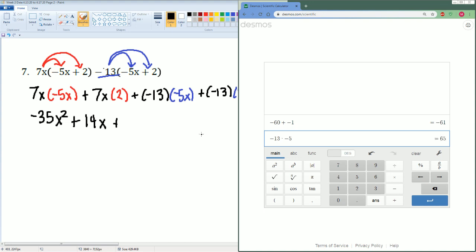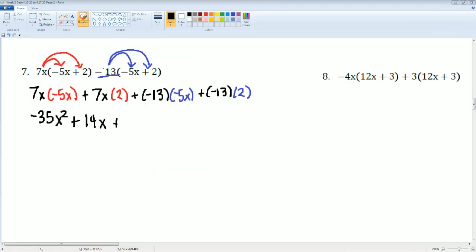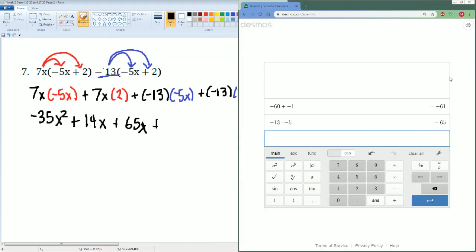Oh, positive 65. See, just use Desmos if you need help with the calculator. This gets you 65x because there's an x here. I think negative 13 times 2 should be negative 26, but let's just check. Negative 13 times 2. Yep, negative 26.